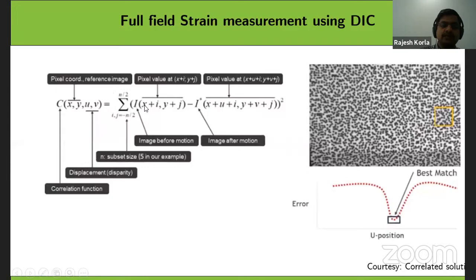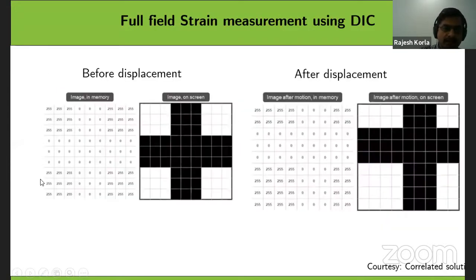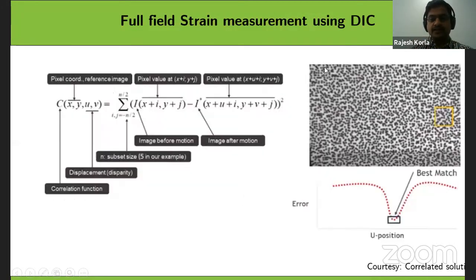For example, this is called the correlation function, because this is the intensity of all the pixels in this subset, and this is the intensity of all the pixels in the other subset. Once you apply the correlation function, the subsets are compared with a scan. The subset will go first here, then you compare next, then next, with some step size.